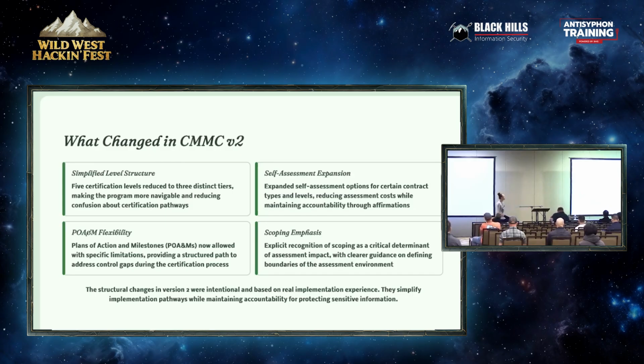So there are situations where you don't have to have a third-party assessor. In a lot of cases, you're not going to have a third party come in. And then explicit recognition here of scoping as a critical determinant. If nothing else, what people get wrong is improper scoping. So basically, they took lessons learned from version 1, things that did not go well with version 1, and tried to simplify the implementation.